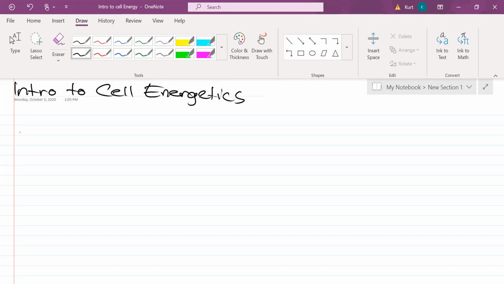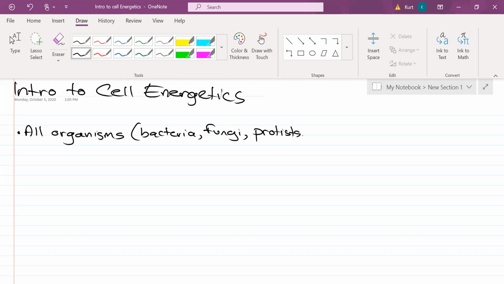Here's the big rule. All organisms, when I say organisms, I mean everything: bacteria, fungi, protists, plants, and animals require an energy source and a carbon source.